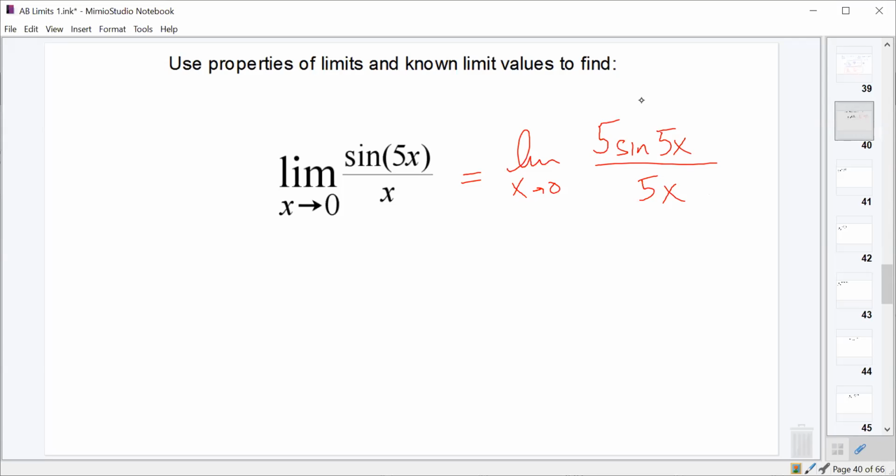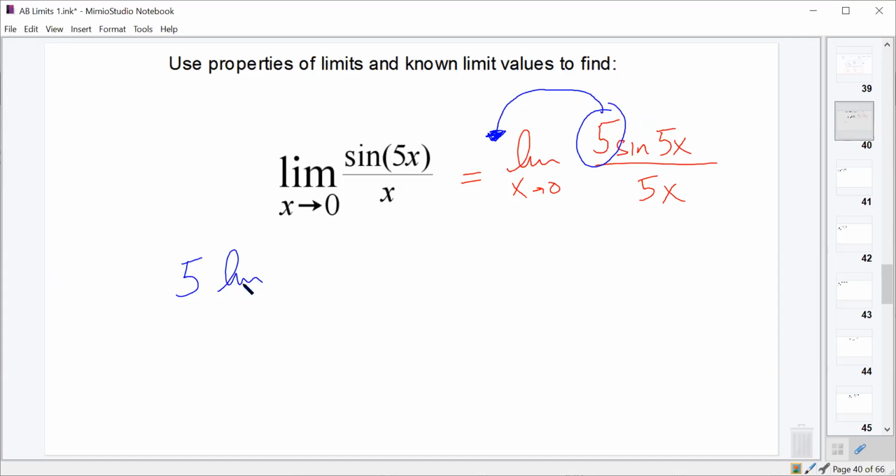And let's think for just a second. I was trying to lead you towards having sine 5x over 5x, but now we've got this extra 5. Well, what can I do with that extra 5? You can put it in front of the whole limit. Exactly. That was one of our properties of limits, right? If you have a constant times a function, I can pull that constant out in front.